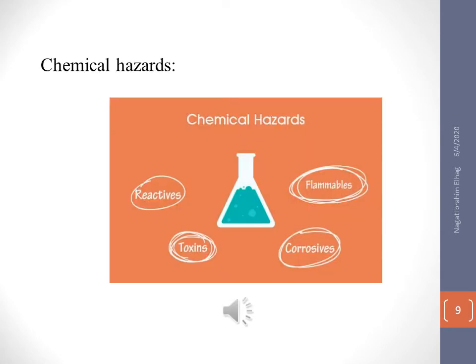There are many types of chemical hazards. Flammable refers to chemicals or agents that have the ability to cause fire, such as methanol. We all know that methanol has the ability to make a fire in the lab.